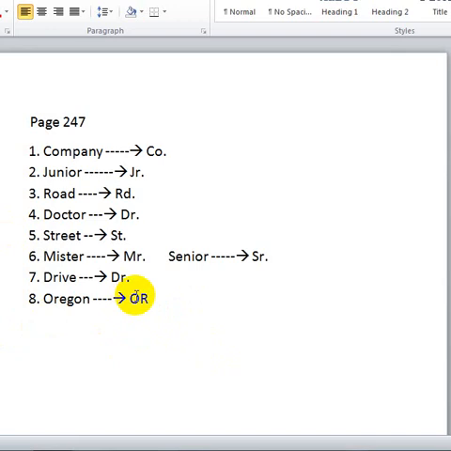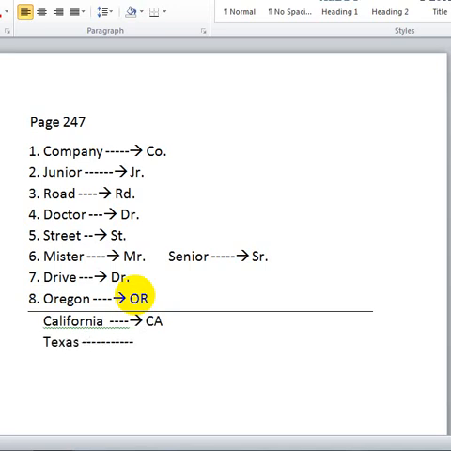Like, for example, if we have, let's say, California. California is going to become C capital, A capital. If we have, for example, Texas, right?